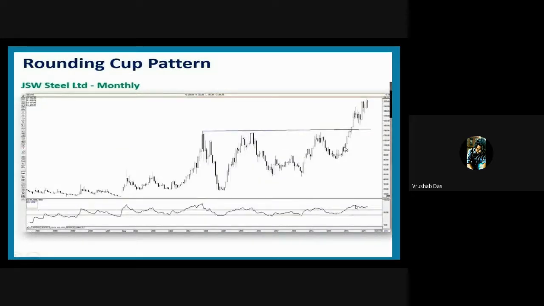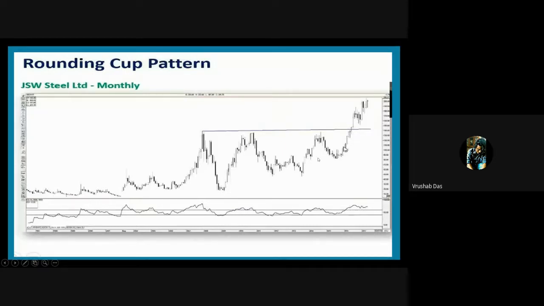And this is a second example of the rounded cup pattern, on JSW Steel. You can see here that when the price crosses the neckline, the RSI momentum also crossed above 50.